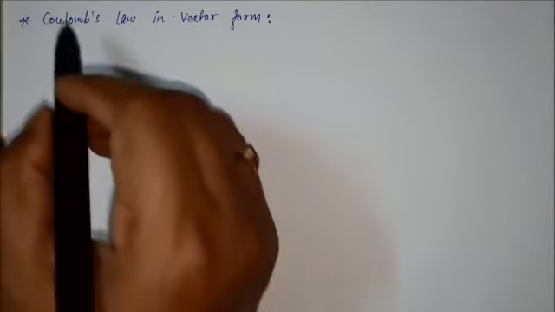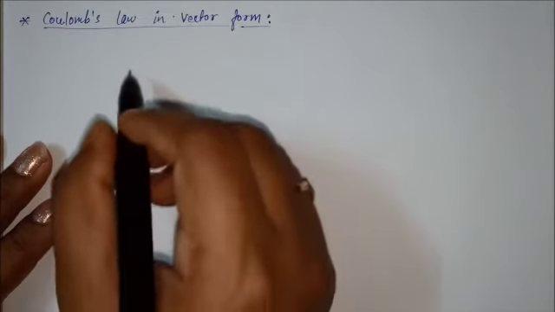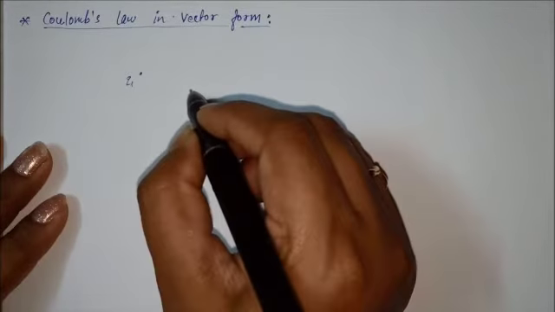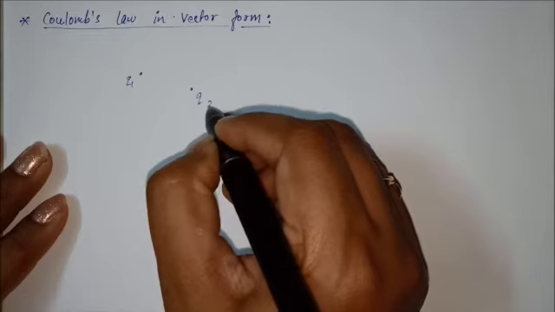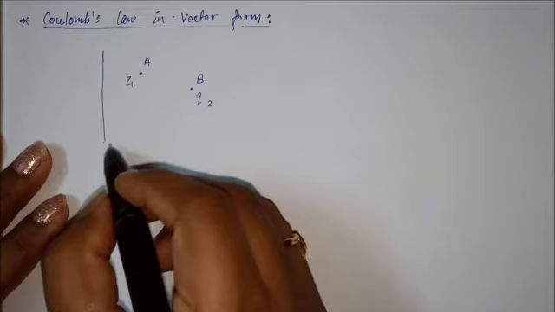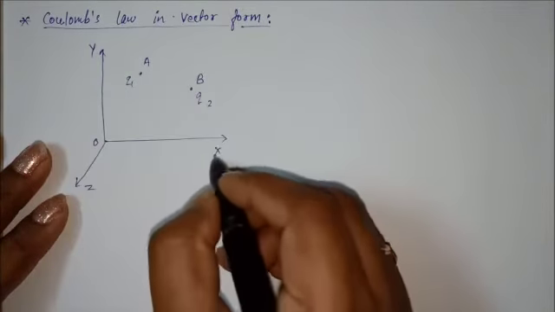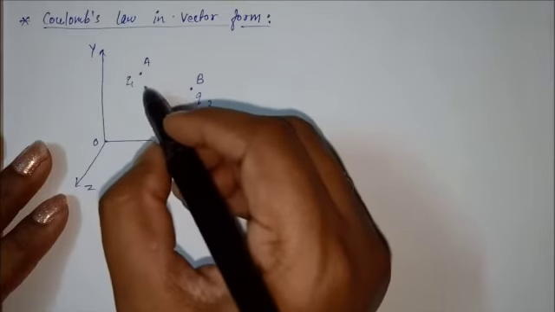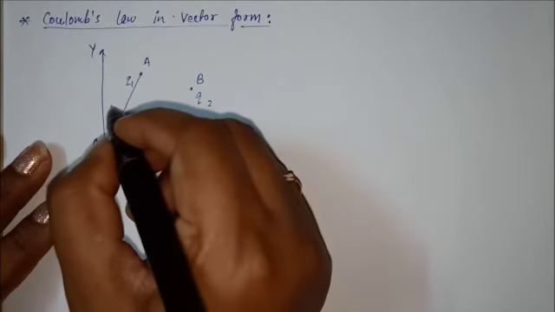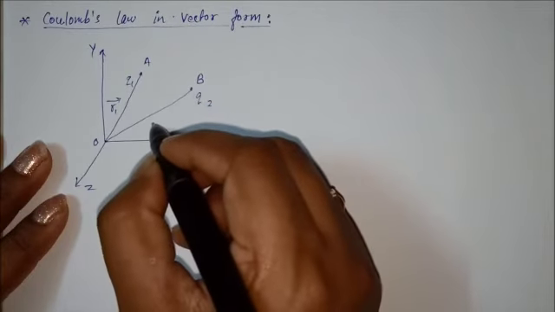Now let us study Coulomb's law in vector form. For that, let us take two charges q1 and q2 kept at points A and B, and let their position vectors be R1 and R2.